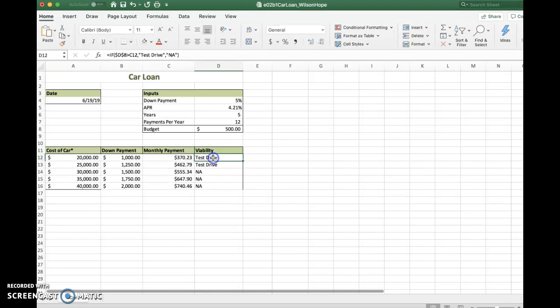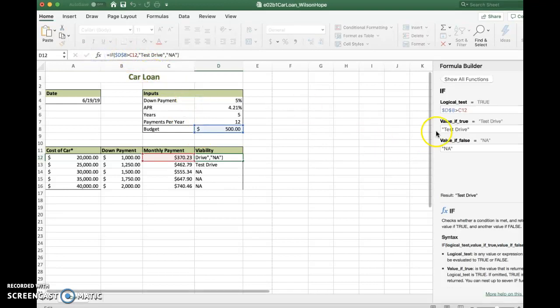So for this one, what we had to take a look at was the logic test: if this absolute figure here in D8, which is the $500 budget limitation, is bigger than this relative cell reference, the monthly payments, then the value, if it was true, would be a test drive.